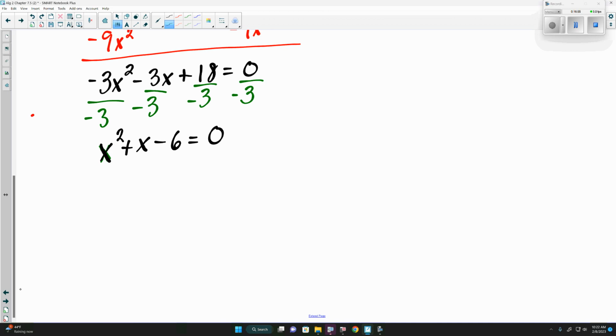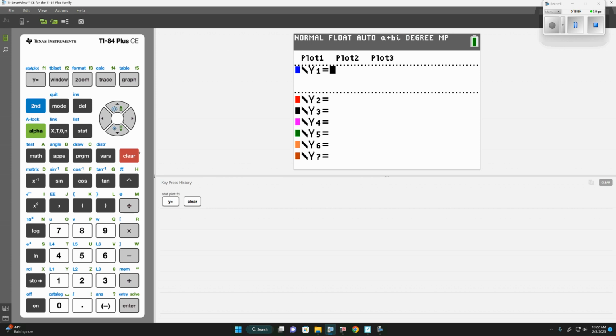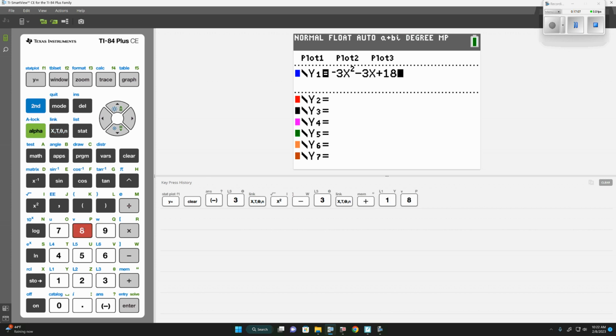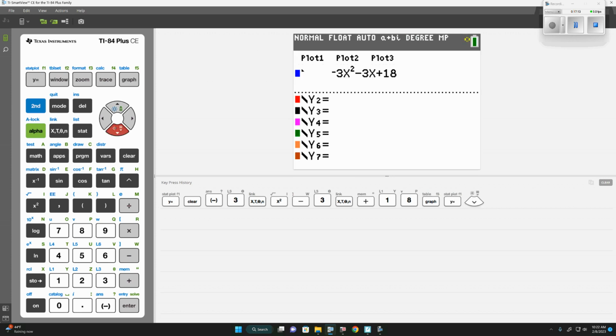Now this seems like a very odd thing to do, or that this would work at all. But if we look at the graph, negative 3x squared minus 3x plus 18, this here is our original graph, and it goes down. That makes sense. Since a is negative, it would go down.